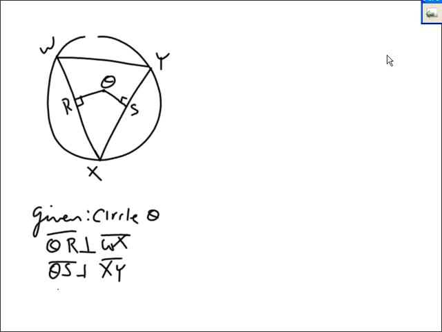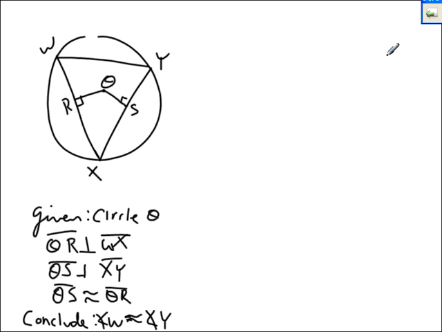And you are also given that OS is the same length as OR. And you want to prove or conclude that angle W is actually the same measurement as angle Y.